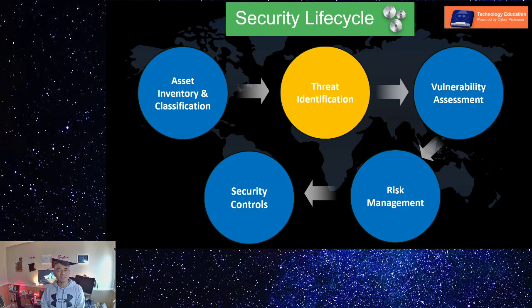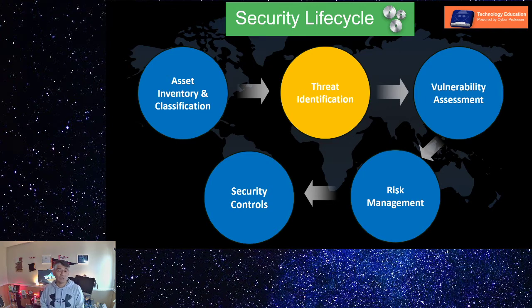Security controls can be software or hardware that we purchase, and by that I mean tools that we purchase. It can also be user training, and it can also be policies and procedures, formal, written policy and procedure documents that our company develops in order to make sure that we have an organized and comprehensive process to manage any hardware, software, or data that is part of our organization.